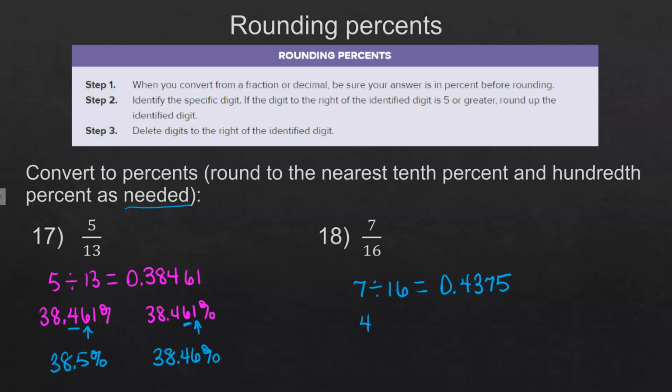So now we're going to write this as 43.75%. And then for the tenths, rounding it to the nearest 1/10%, it's going to be 43.8% because we do have to add one there. But to the hundredths, it's going to stay the same because it was already written out to the hundredths place, the nearest 100th%.